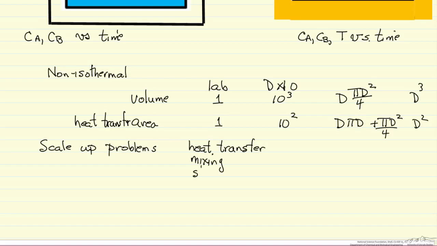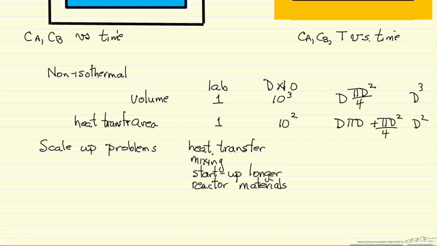When we start this reactor up and we have to heat it to a reaction temperature, for example, or we have to add all the materials and mix them together, the startup is going to be longer as we go to the bigger scale. Also, typically the reactor materials are going to be different. In other words, we might on a small scale use a glass reactor, and on a large scale a metal reactor, and we have to worry about various things such as reaction of the metal and catalytic properties of the metal.